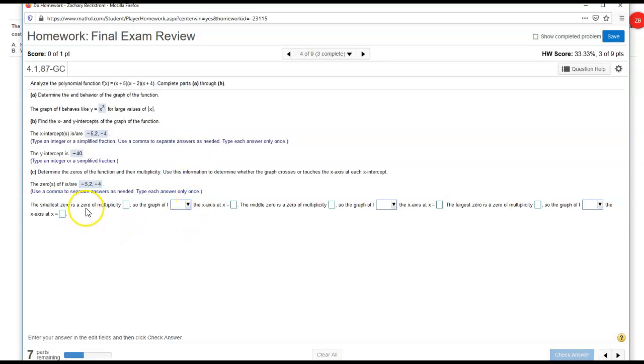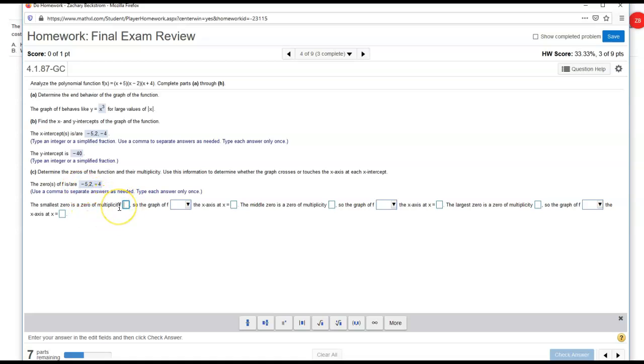The smallest zero is a zero of multiplicity, that would be the -5. And it just happens once because the x plus 5 term is just to the first power. If you don't see anything there, we assume it's the first. In fact, all of these have an odd multiplicity because they're all to the first power. So the smallest zero is a zero of multiplicity 1.